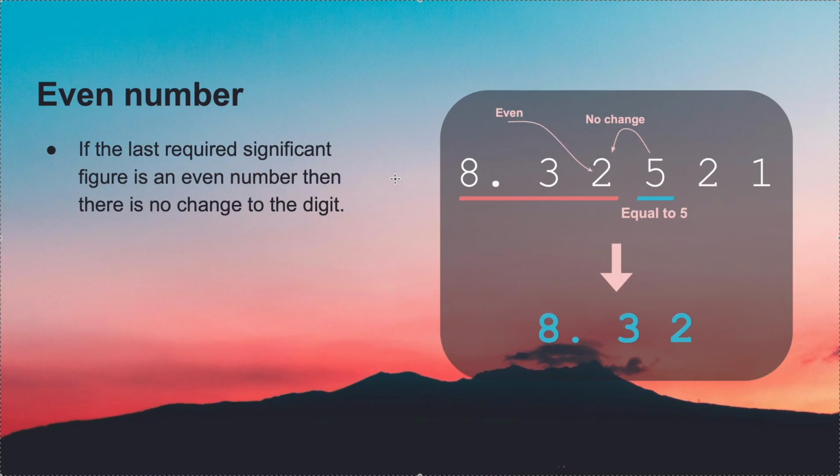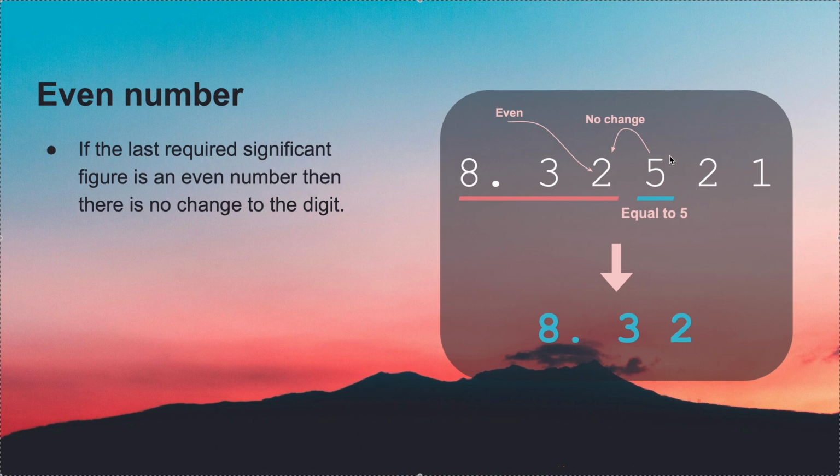So in this slide, we can see that we have the value given as 8.32521. We will take out the required significant figures, as given by the red underline, 8.32, and now we will look at the digit that comes after the required significant figures, which is 5.